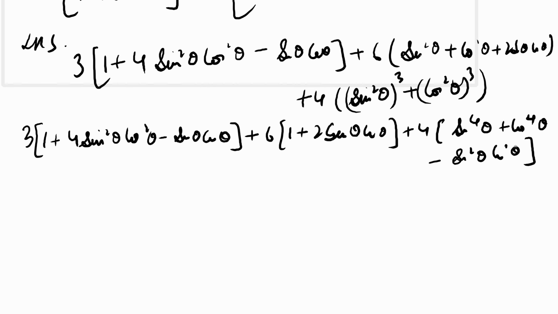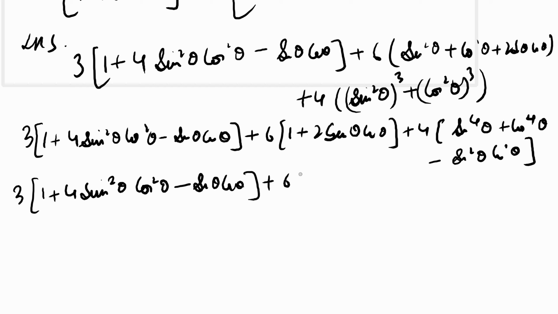Okay. Now what will I do? I will do 3 (1 plus 4 sin square theta cos square theta minus 4 sin theta cos theta) plus 6 (1 plus 2 sin theta cos theta) plus 4.